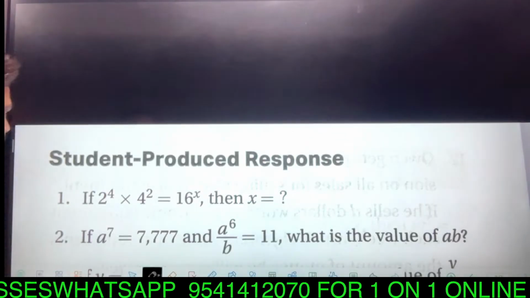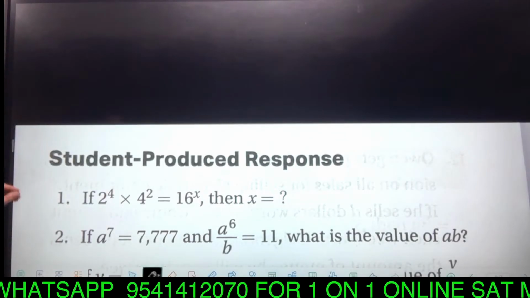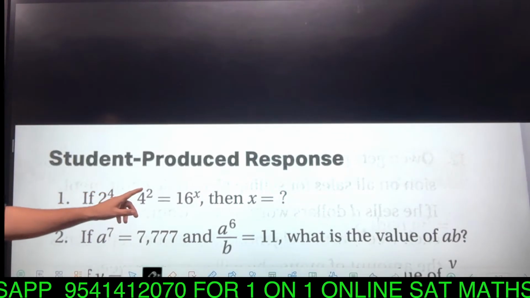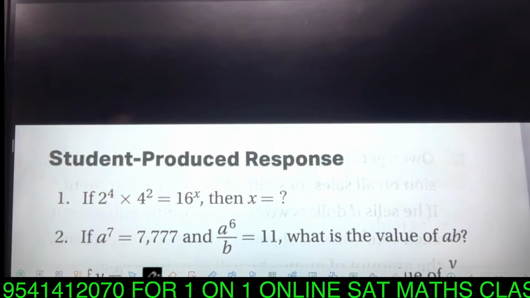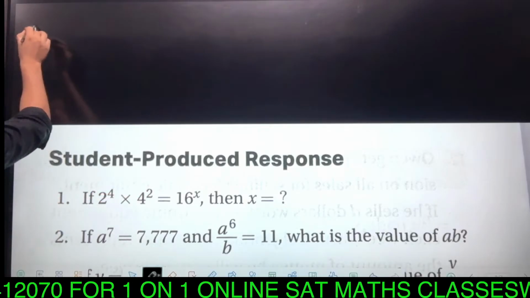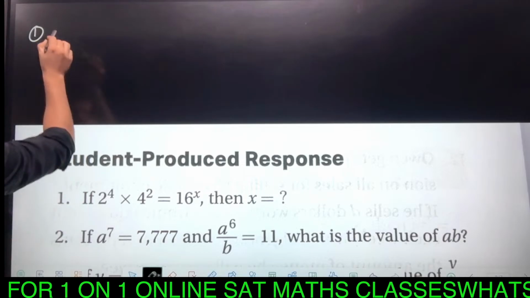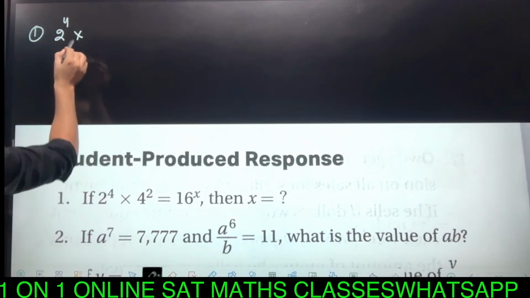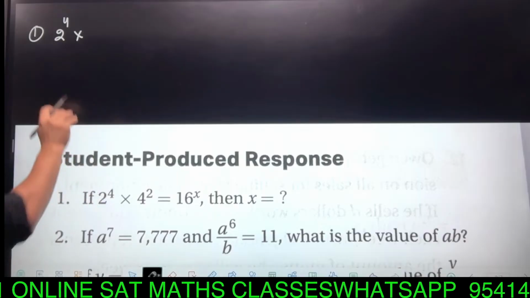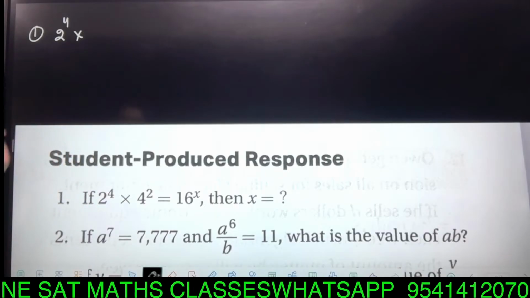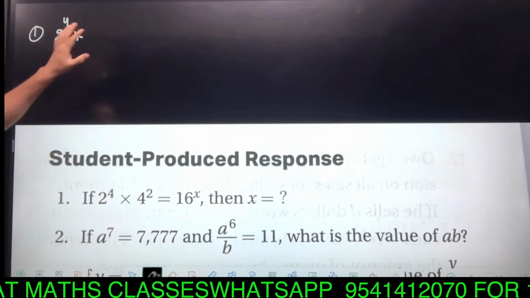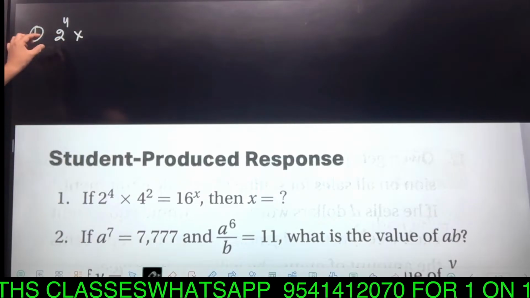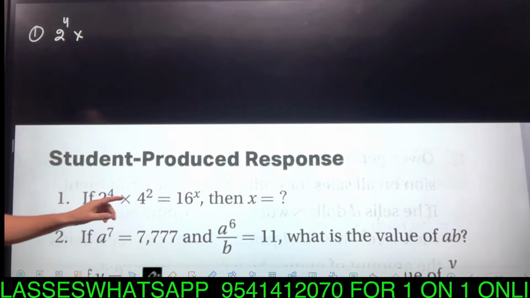First question. If 2 power 4 into 4 power 2 is equal to 16 power x, then what is the value of x? Now whenever these types of questions come, we have to try to make the base the same. Here in the first part the base is 2, and in the second part the base is 4.